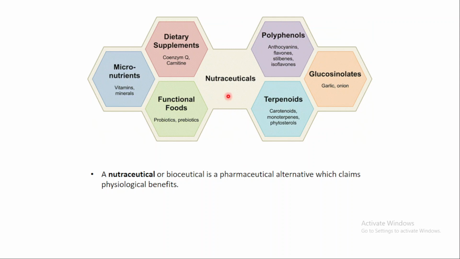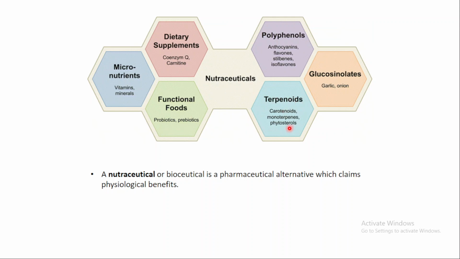So nutraceuticals can be dietary supplements, like we take vitamins and coenzymes, carnitine. These are all dietary supplements. Micronutrients, vitamins, minerals, again. Functional foods. There can be probiotics. You must have heard about Yakult yogurt, probiotic drink, and those are also nutraceuticals, providing you with a good amount of lactobacillus and other friendly bacteria which will help enhance the function of the body.